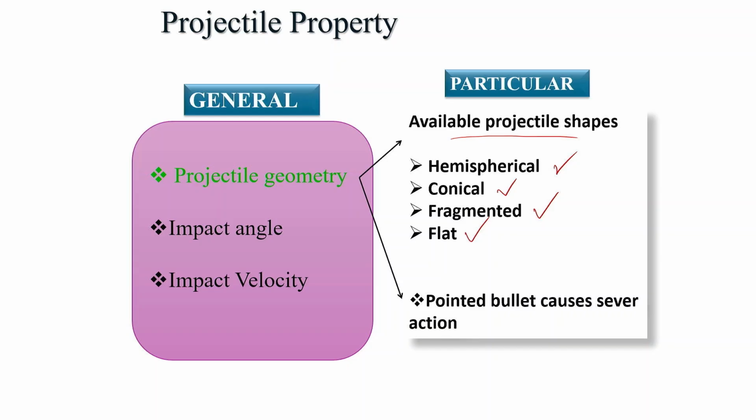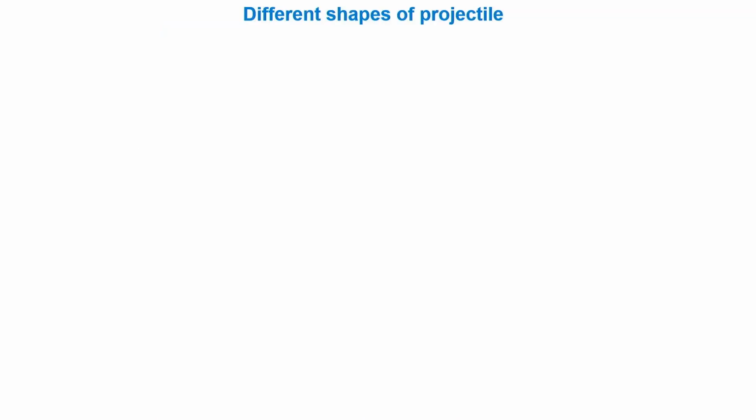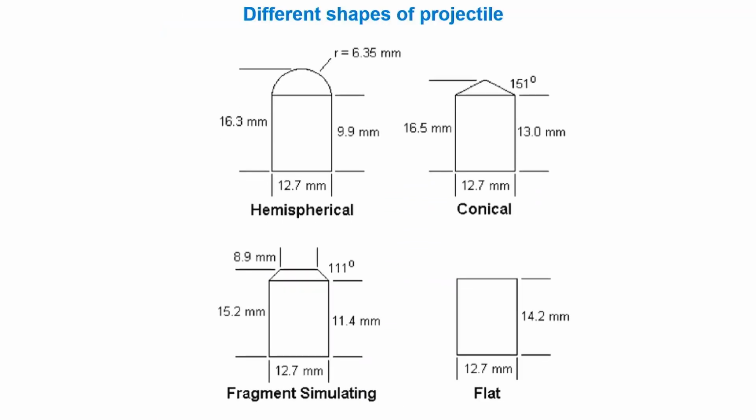And also the pointed bullet is there, which causes severe action. So, let us see these shapes here. These are the different shapes.